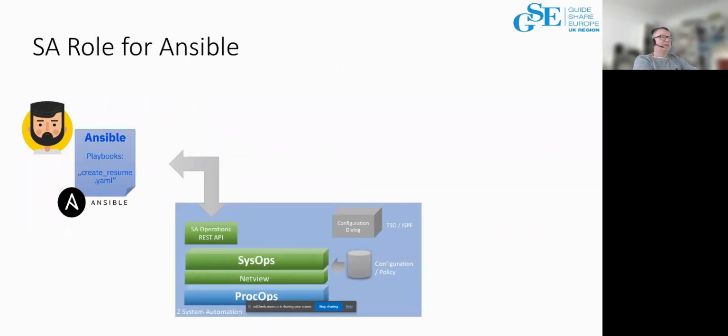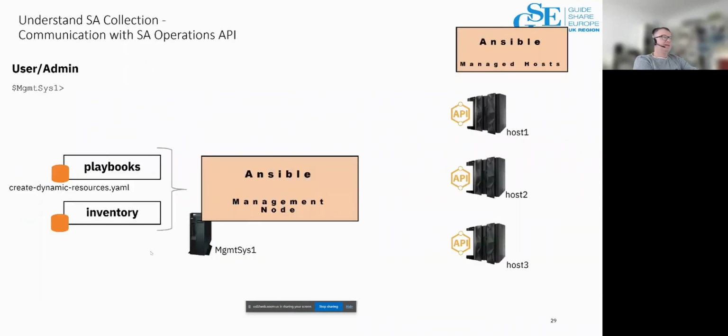So how is Ansible achieving that? Making use of that REST API, which has been added here. And the way Ansible works is that you always have one particular system that's called the Ansible management node, from which you do all your work distributed on all the systems.